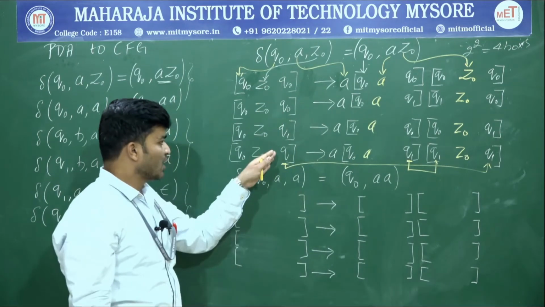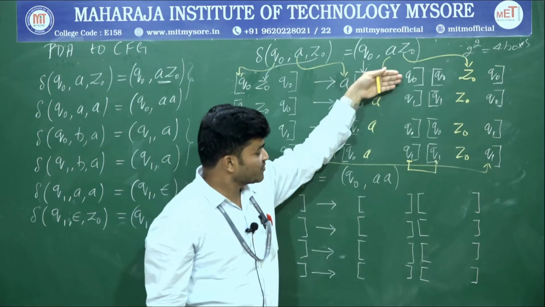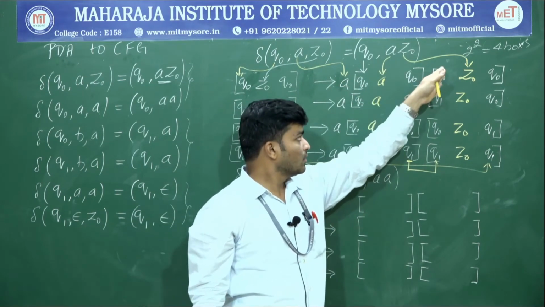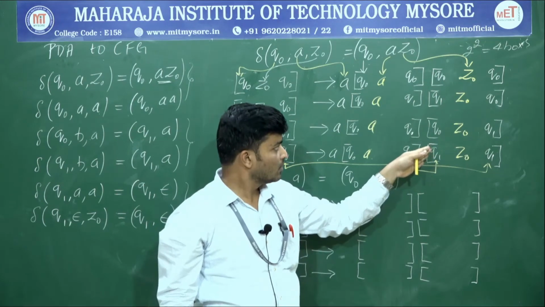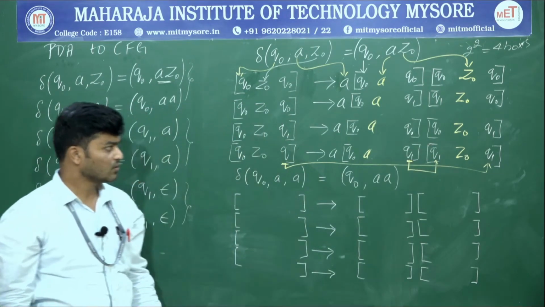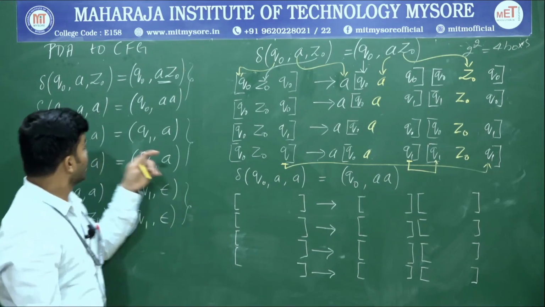So this one I have repeated in the last column. Whatever is present over here, I have repeated in the first column of the second box, in the right hand side. That's it. So now apply the same rule again for the second production.